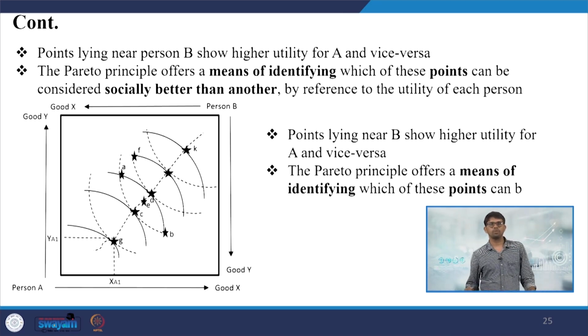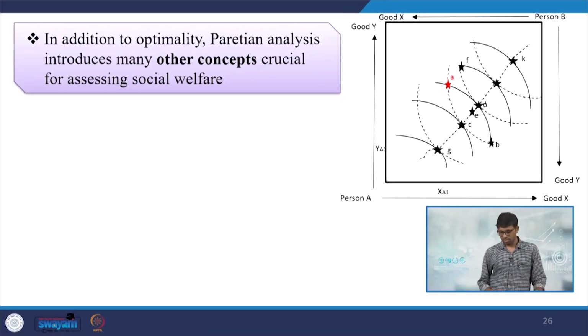So the Pareto principle offers a means of identifying which of these points can be considered socially better than another one. Points lying near B show higher utility for person A and vice versa. The Pareto principle means identifying those points which would give the best satisfaction without compromising the other person.